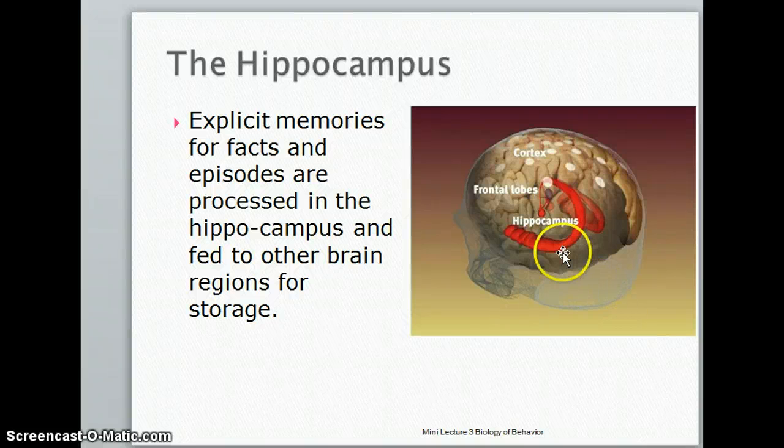Alzheimer's is a disease of the hippocampus, and specifically the large concentration of neurons in the hippocampus that manufacture and secrete acetylcholine are the neurons that are being destroyed and not working properly, which creates then the memory problems and the increased cognitive deterioration that we associate with Alzheimer's disease.